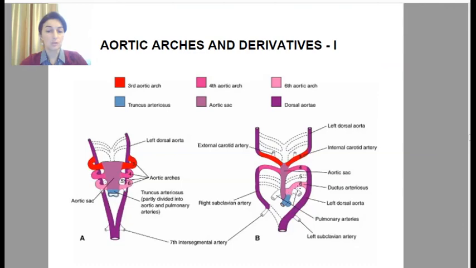The truncus arteriosus that connects the left pulmonary artery with the aorta will also persist.